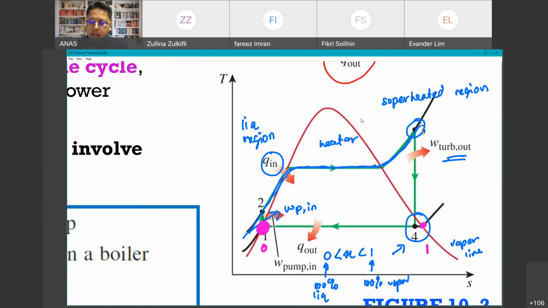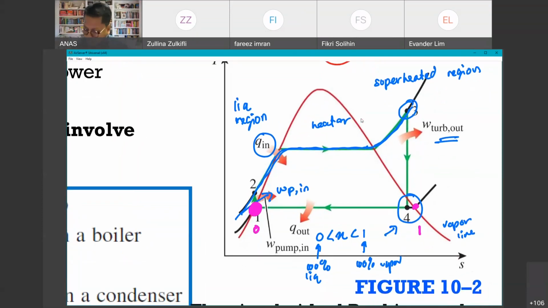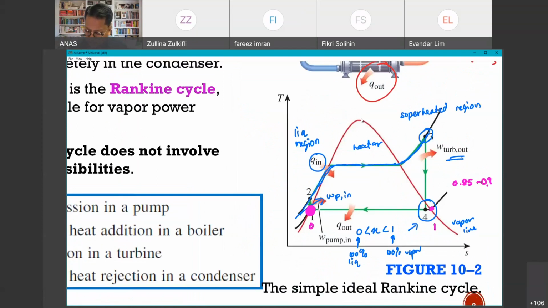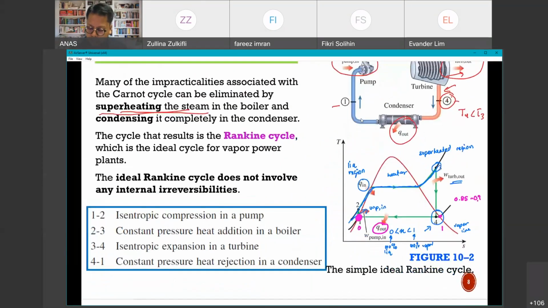In reality, we can't get exactly on 1, but we want our quality or X value to be roughly about 0.85 to 0.9, meaning that we have less moisture in the system to avoid damaging the blades. And then finally, 4 to 1 is Q out for the condenser. So that's the ideal Rankine cycle.